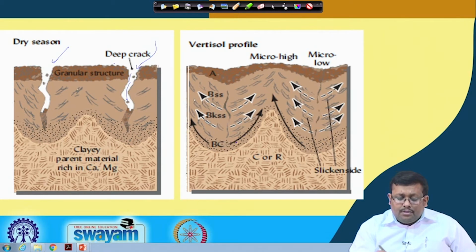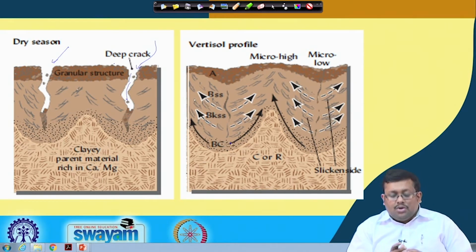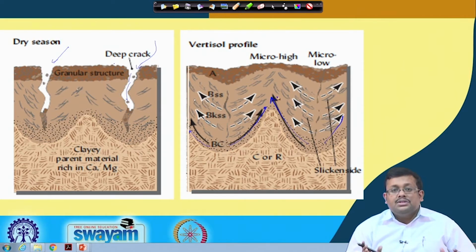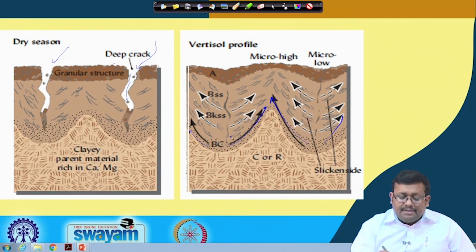the soil volume increases. Since the soil volume increases, this excessive soil tries to go in this way, and it produces a pressure from both the sides and tries to protrude out, and as a result there will be some oblique features.